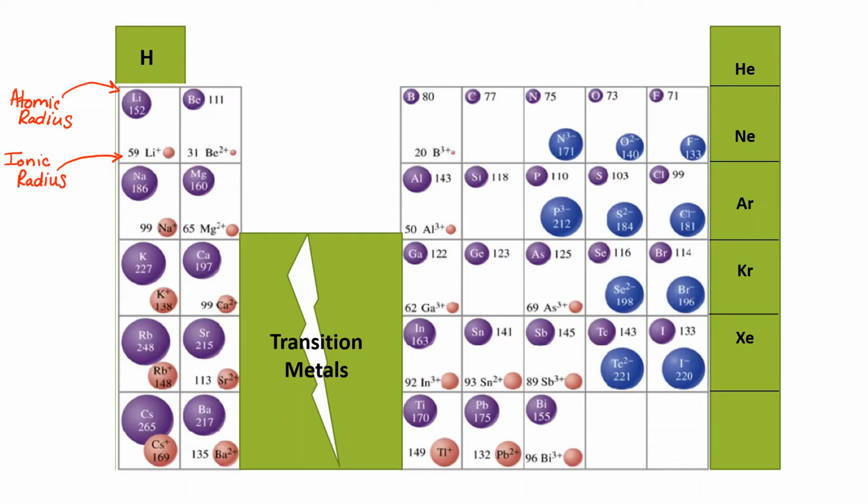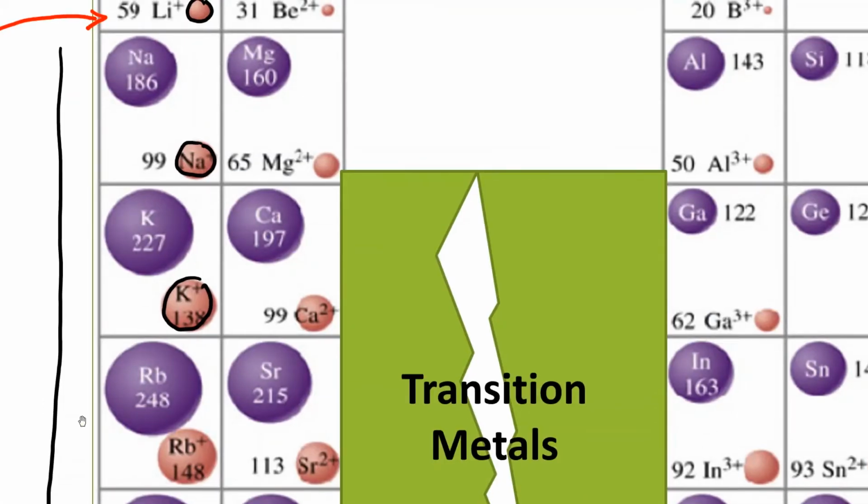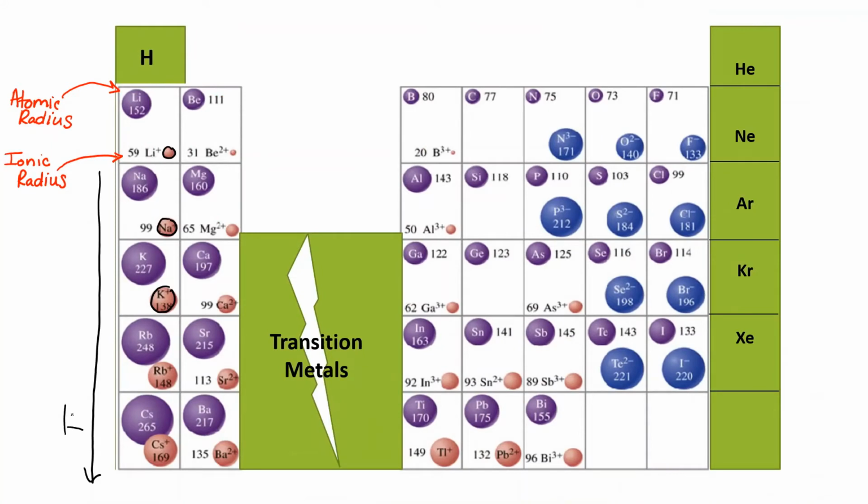So let's see our first trend. Let's figure out what happens to our ionic radius, which remember is in red, as we move down our chart. What do you notice about our ionic radius? Well, it's getting bigger, right? It's getting bigger as we move down. It increases.